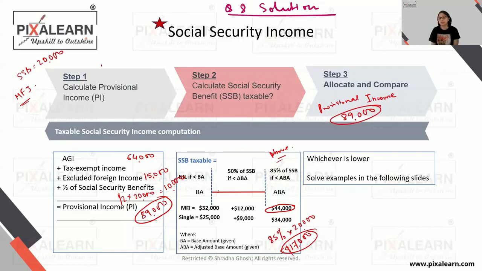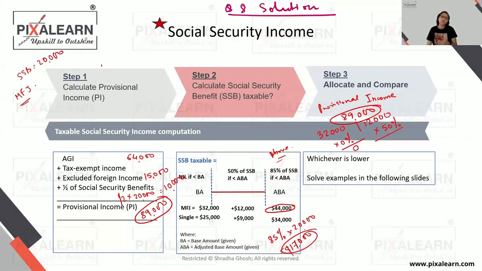Had I followed this completely, and I would have used it as a slab, how much would have been your alternate social security benefit tax? So I said, okay, till 32,000, which is my slab limit, I would not have paid any tax. So none of my social security benefits would have been taxable. From 32 to 44, that means on another $12,000, I would have paid 50% of social security benefits taxable.